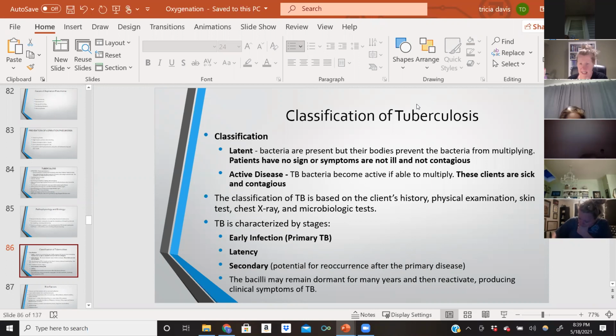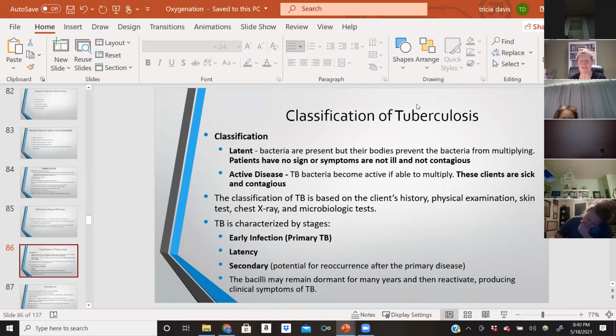We will do a skin test, which we'll talk about more on the next couple of slides, combined with an X-ray and some other microbiologic tests. So we combine all these things to make a diagnosis. We can classify TB as latent or active, and then we can also characterize it by stages. So we have early infection, latency, and secondary. Early infection is our primary TB.